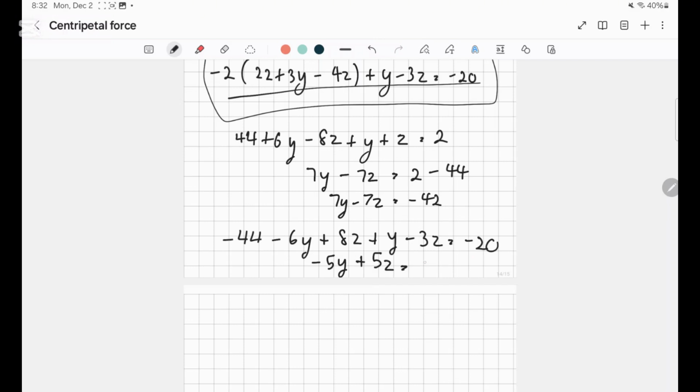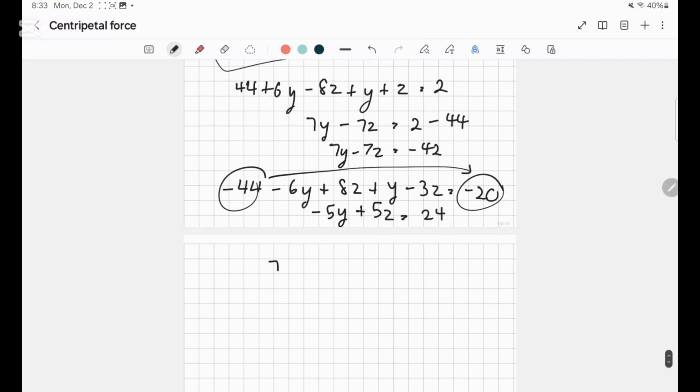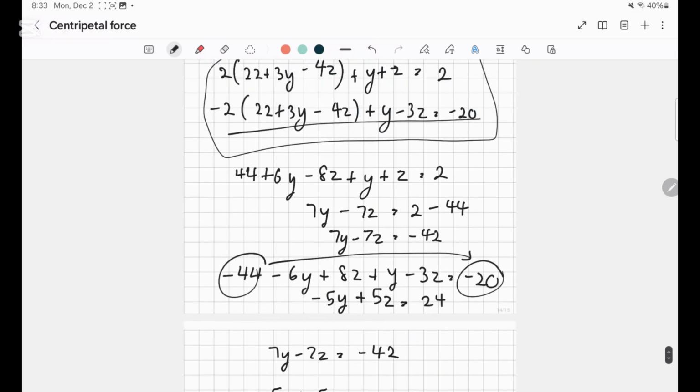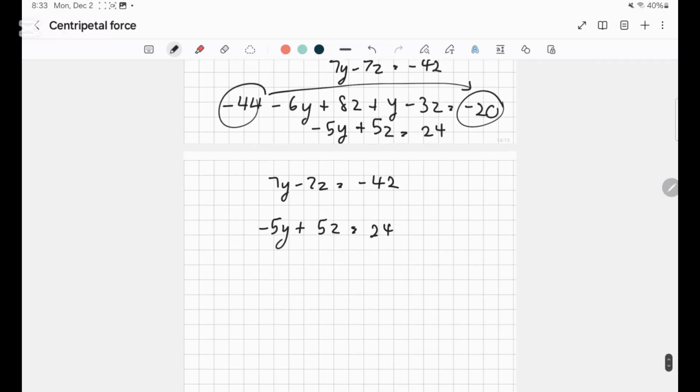Which gives you 24. So minus 20 minus 44 goes on the other side, which gives you plus 24. Yep. So you got two equations. 7y minus 7z equals minus 42, and 5y plus 5z equals 24. I think I got everything correct?